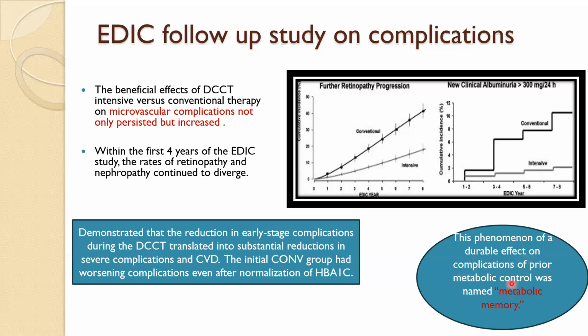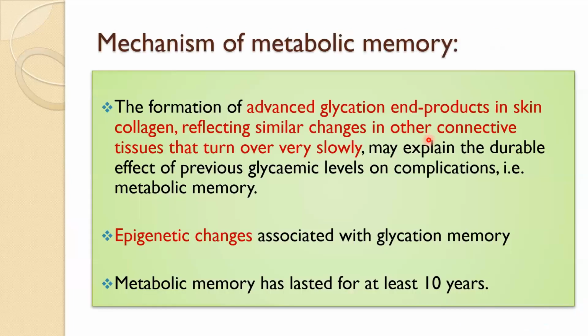where the durable effect of complications of prior control continues to manifest even after you have transitioned the patient to intensive therapy. And this is very important to us, because it tells us we need to start intensive therapy on our children as early as possible. Why metabolic memory?